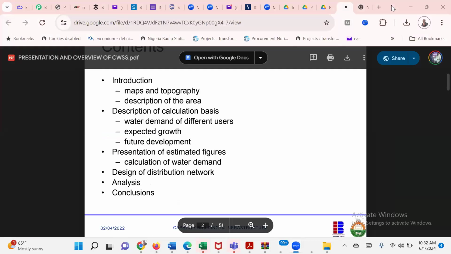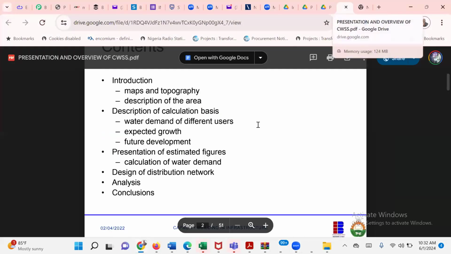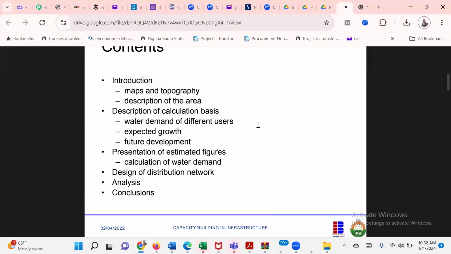So you need a map that shows you the elevation of the place, the difference in height and everything. So that's the first thing you need for you to start your design.